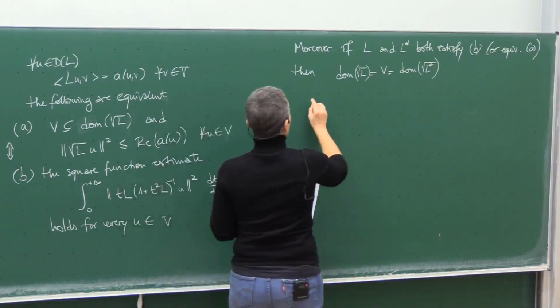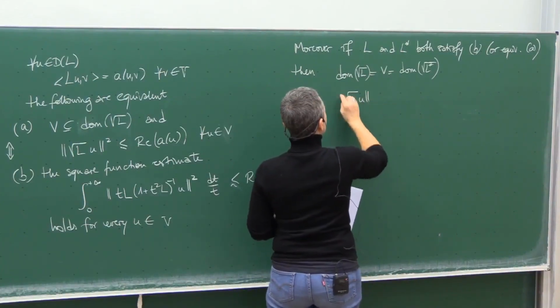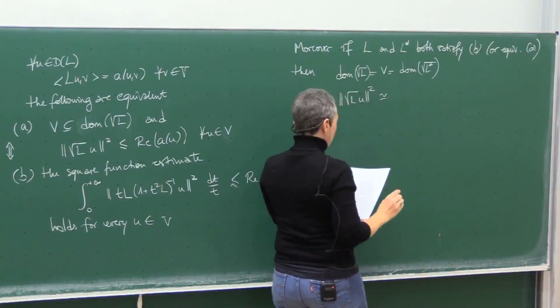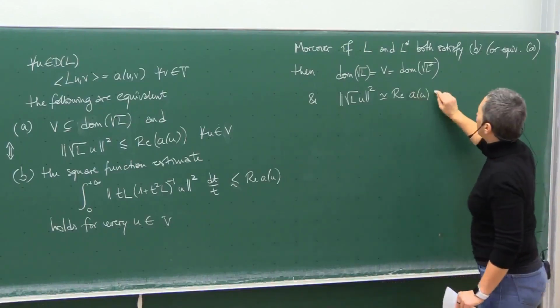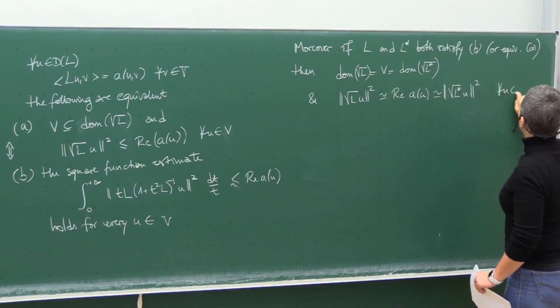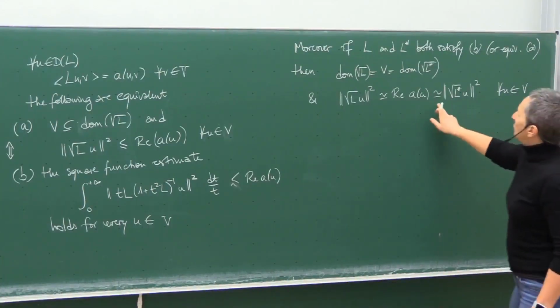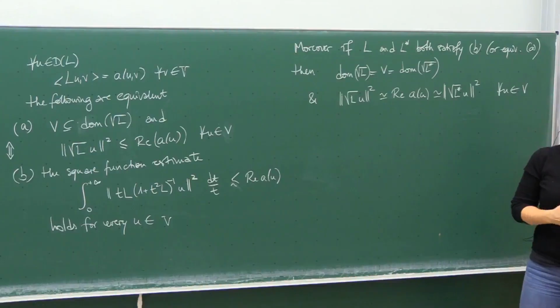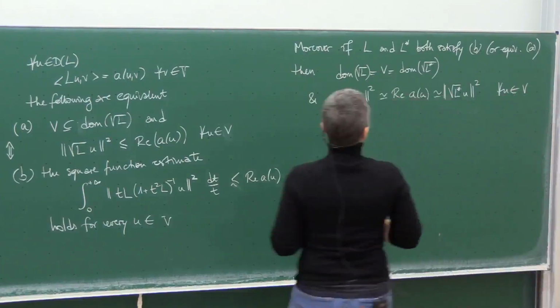Okay, and we have the fact that the norm of the square root of L u, squared, is equivalent to the real part of A(u, u), and this is also equivalent to the norm of the square root of L star u, squared, for all u in V. Okay, so you're familiar with this. Equivalent means that you have an upper and lower bound up to constants. Okay, the constants could be different.